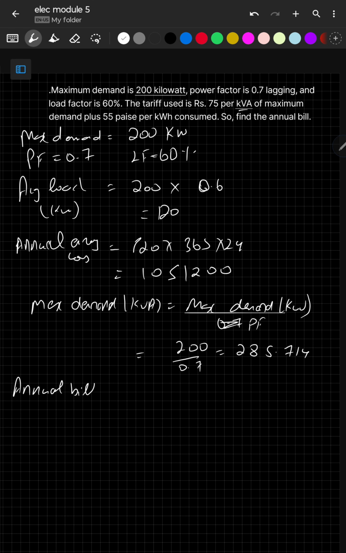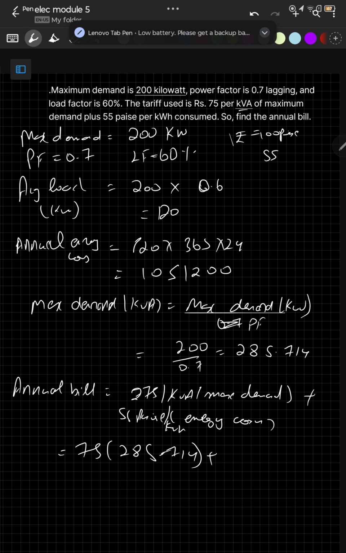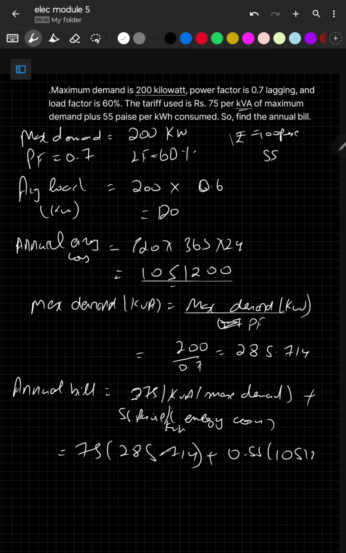Now we can find the annual bill. First write the sentence always. Rupees 75 per kVA of maximum demand plus 55 paise per kWh of energy consumed. So 75 into 285.714 plus, again 1 rupee is 100 paise, 55 paise how much in rupees? 55 by 100 if you do, so 0.55 into energy consumed, this one, 1051200.